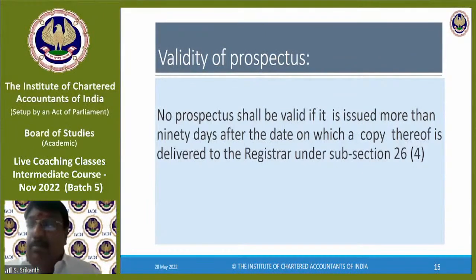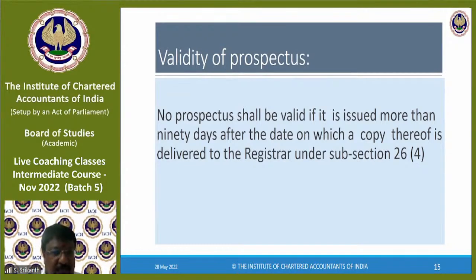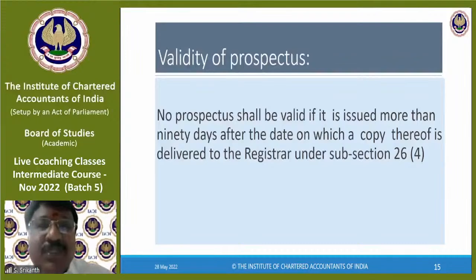Please understand, there is a date of registration, the date on which it is registered with the registrar. The date of issue or the date mentioned in the prospectus should be after the registration or on the date of registration. Right? So, I will register the prospectus. Once I register it, how long is it valid? Validity period of a prospectus.